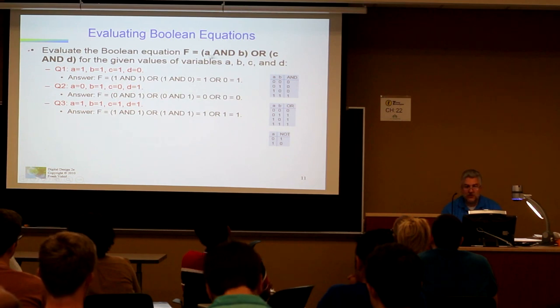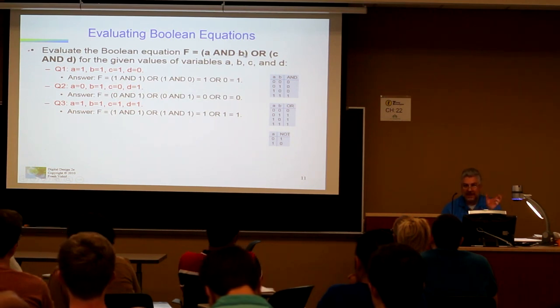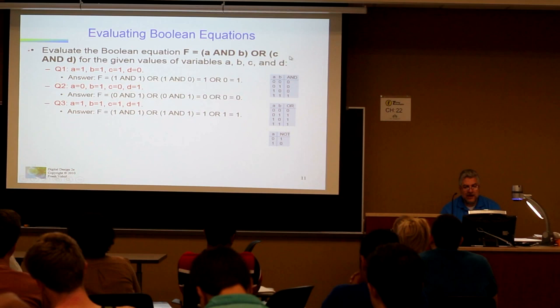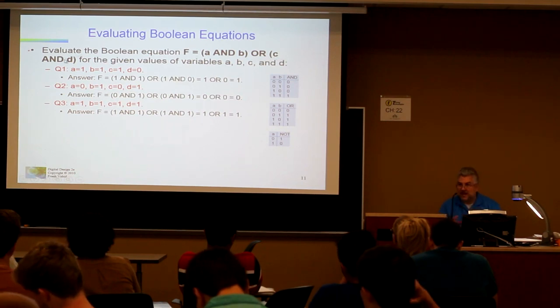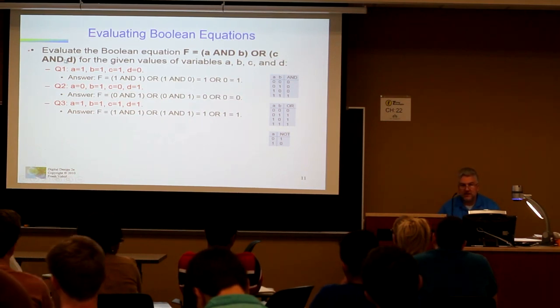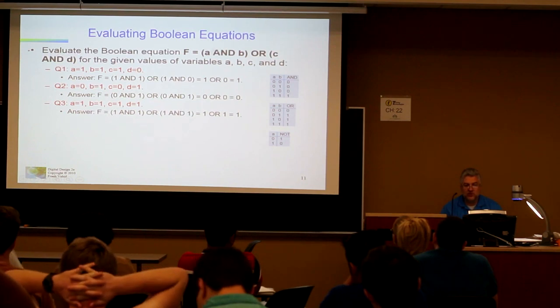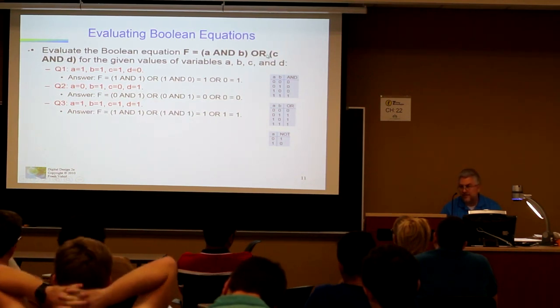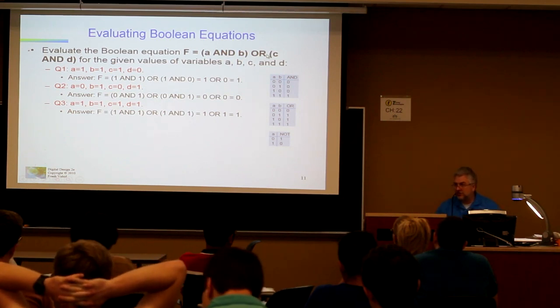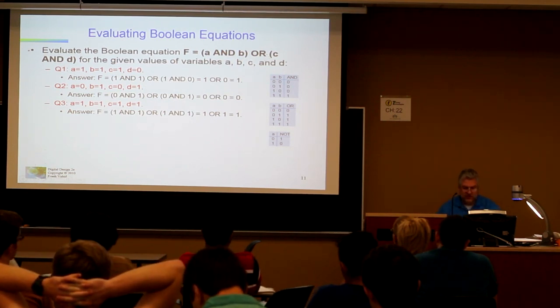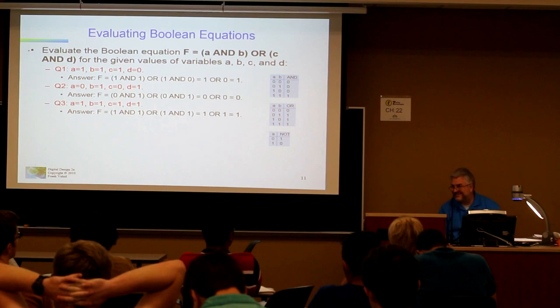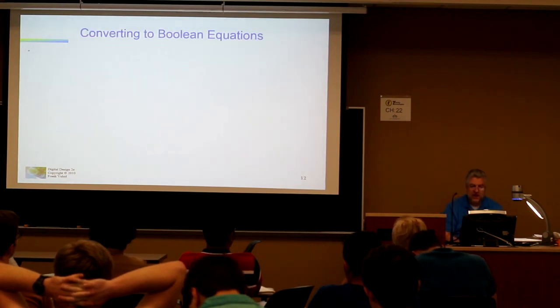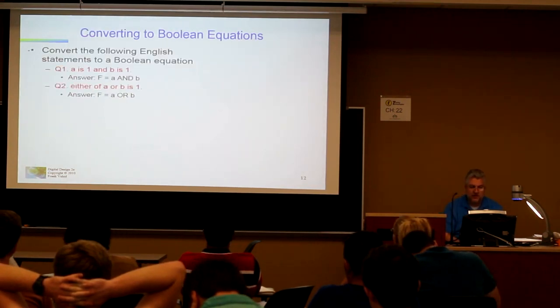So that means you do A and B as a separate unit and C and D as a separate unit. And then once you get the result from this and the result from this, then you do the OR operation. And I'm going to show a little bit later that there's an option for precedence as well. It's part of the algebra that I'll go over in a few minutes.